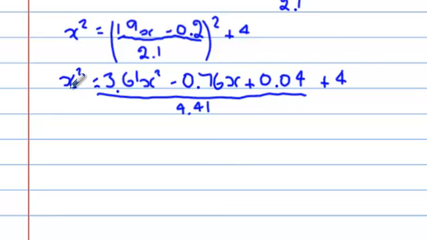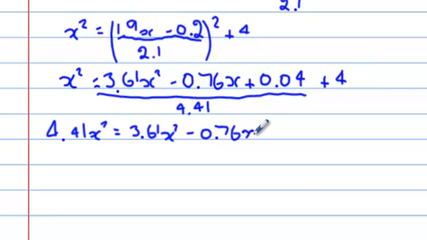I think the next most sensible thing is to multiply through by the 4.41, so that will give me 4.41 x squared equals 3.61 x squared minus 0.76x plus 0.04 plus 4 times 4.41, which becomes 17.64.